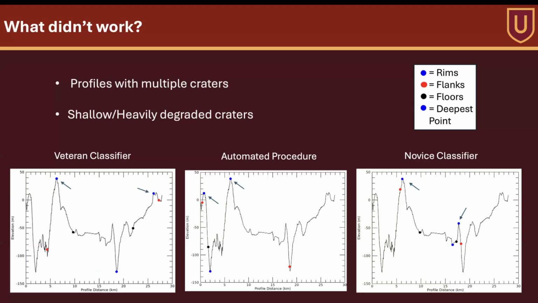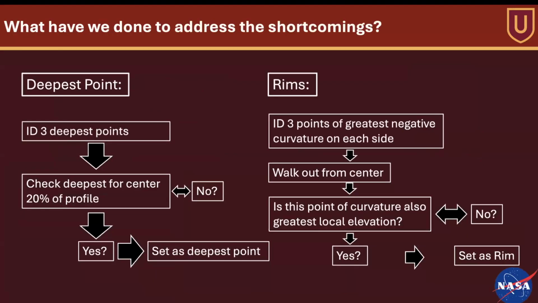The rims are thrown off on the automated procedure because it's going off of where it thinks the deepest point should be, which is not the crater that we're wanting to look at in this case. The flanks just kind of went wherever. And same with the floors. Once the deepest point gets thrown off, everything just doesn't help.